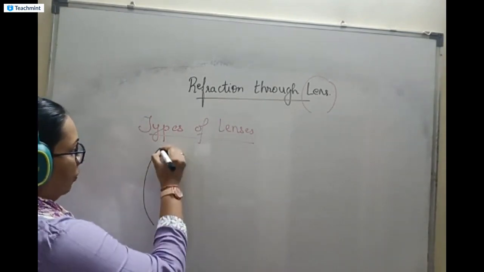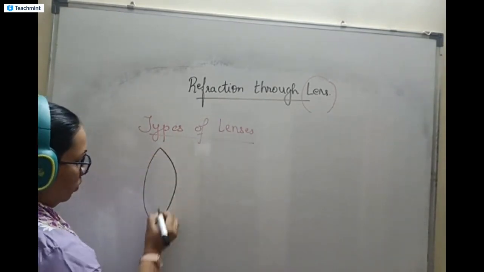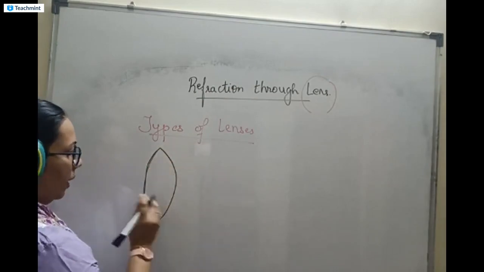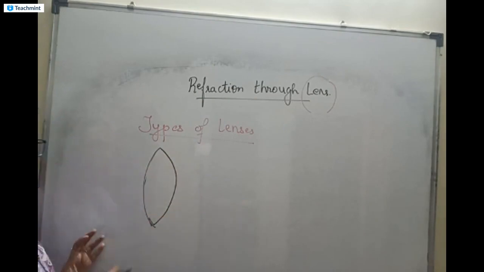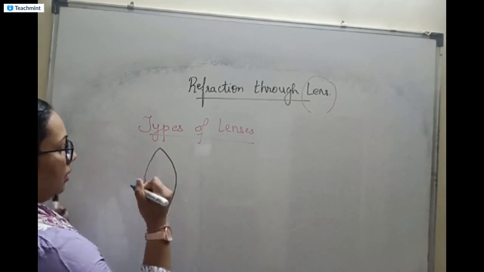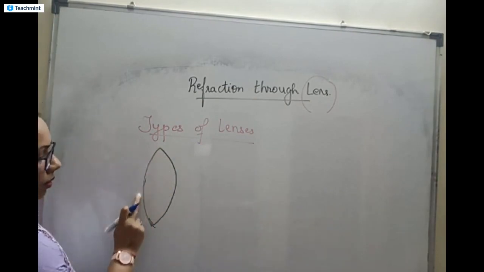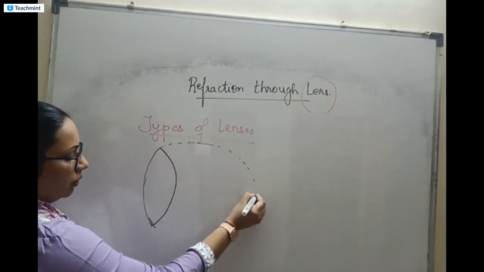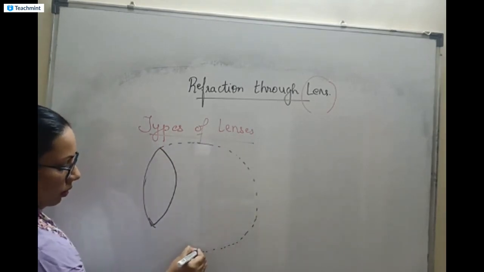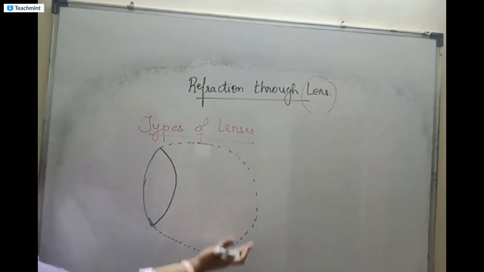So when you have a curve like this on both parts, it is bulged at both parts. You can see that this left curved part actually belongs to a spherical mirror which falls on the right end.